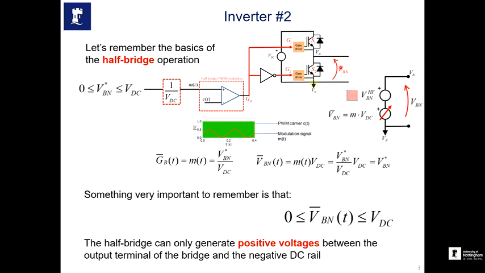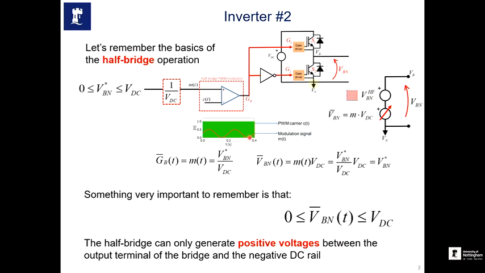So the low frequency signal is the signal that you want at the output of the half bridge, which is this VBN in this case. Just a reminder, in this case we are assuming the negative of the DC rail as the reference. Okay, we have the DC link voltage, 2 devices S1 and S2, and VBN we are considering the output of the half bridge.